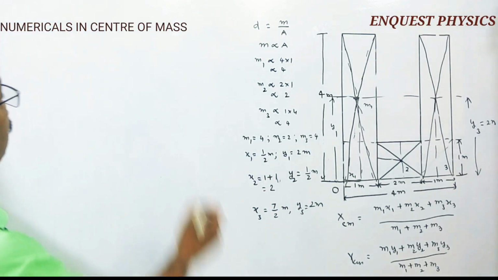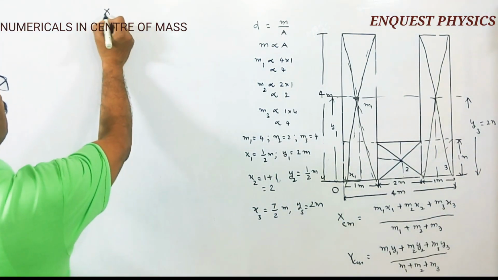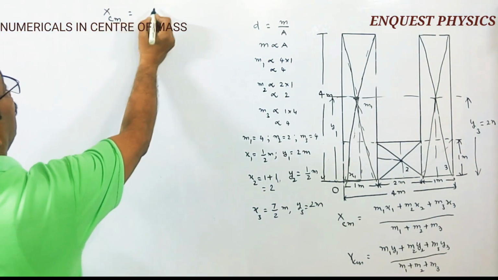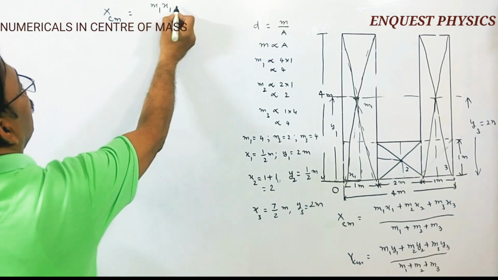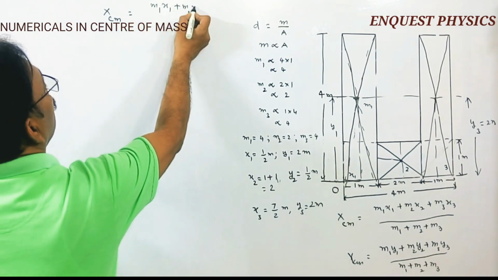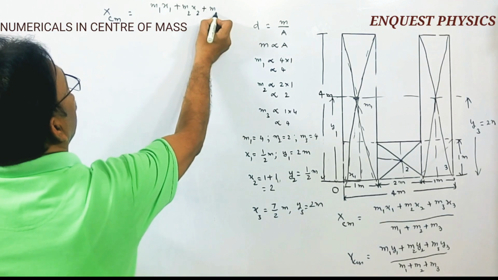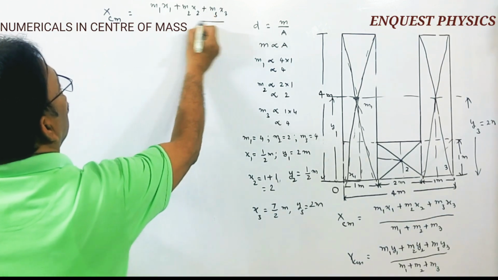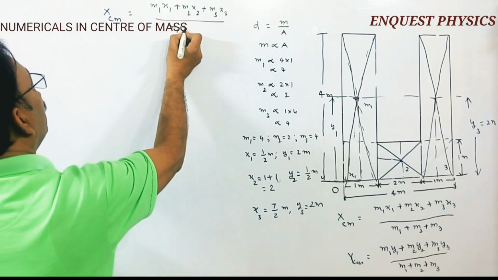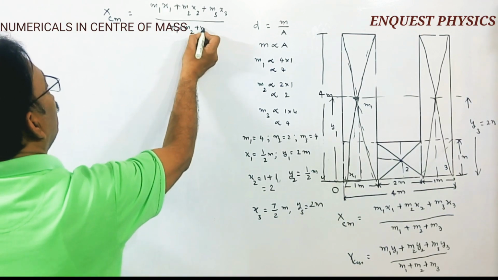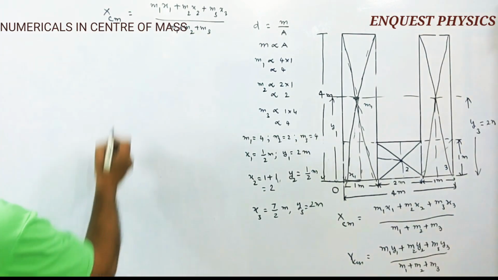Now it is just a substitution. Then put the values in. xcm is equal to m1 x1 plus m2 x2 plus m3 x3 by m1 plus m2 plus m3.